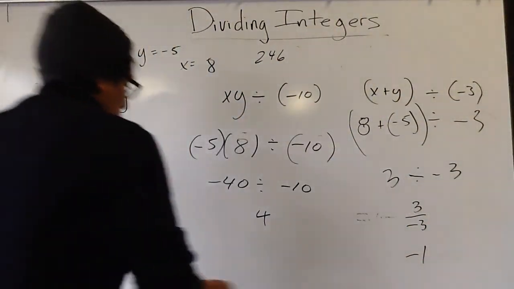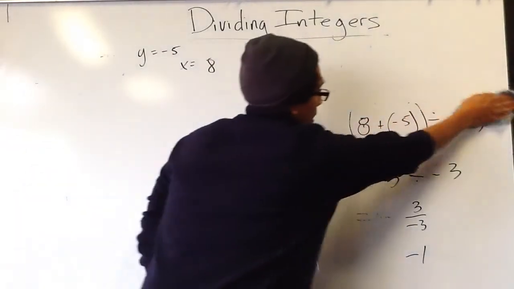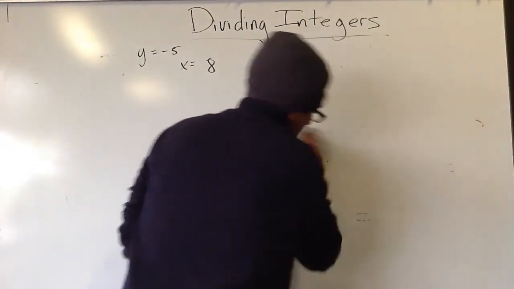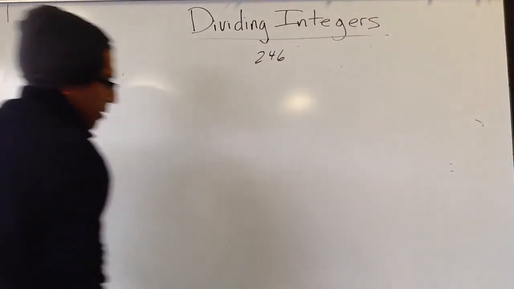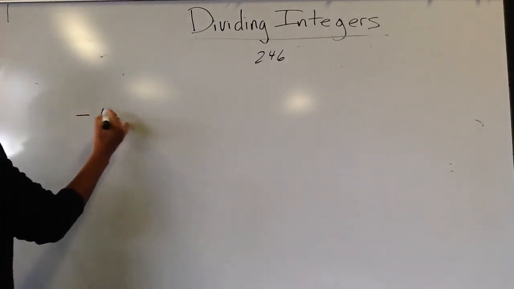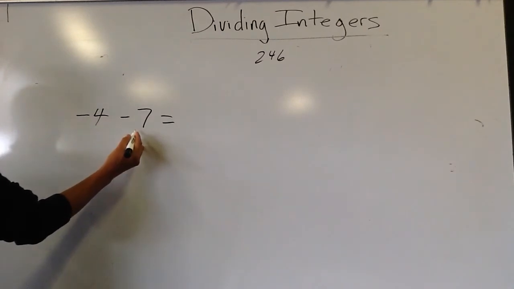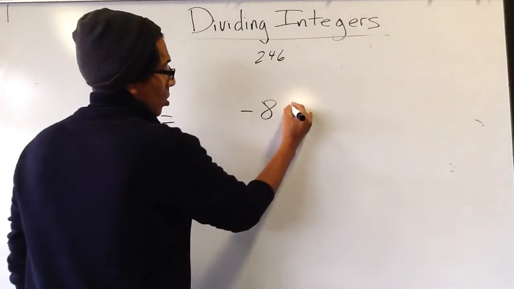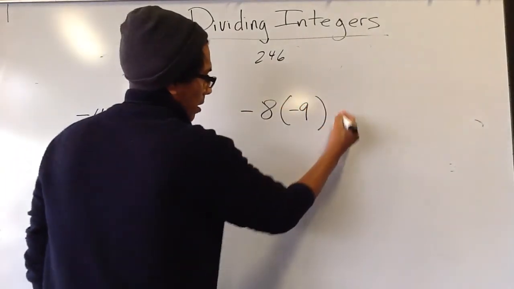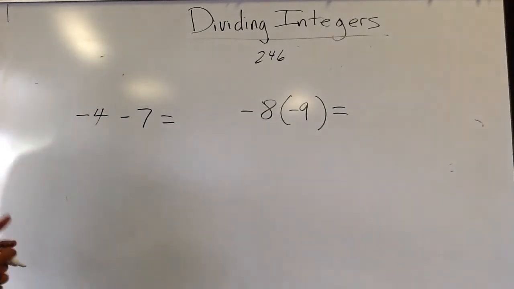Closing thoughts, because I don't want to finish too early. This is where kids, if they don't understand it very well and they go too fast, start doing stuff like negative 4 minus negative 7, stuff like negative 8 times negative 9. They start messing up these concepts, right?